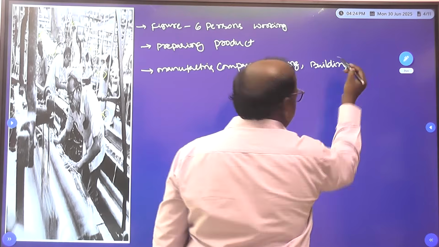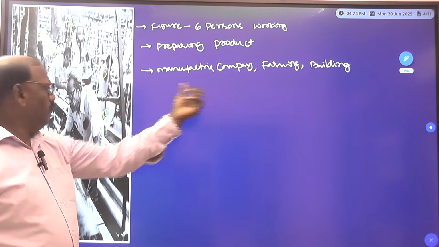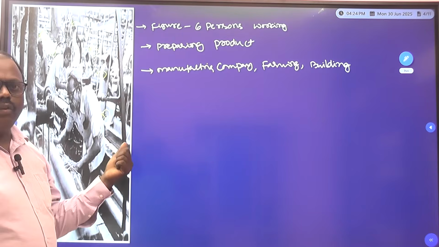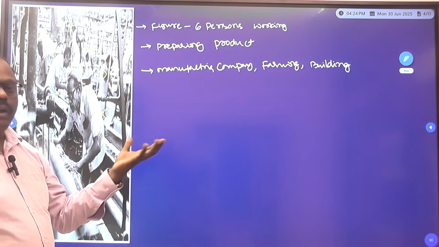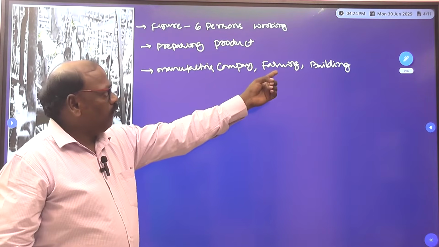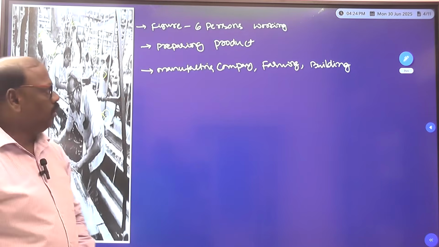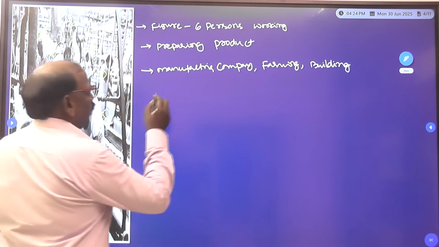In a manufacturing company, people use their work to produce the final goods using raw materials, and likewise there is farming and there is building. There are multiple companies. What is the natural resource for all these things?